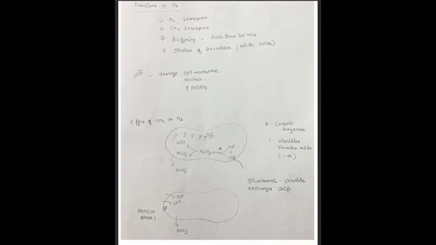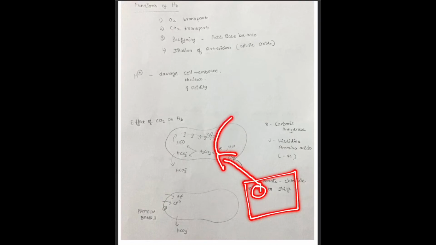We have discussed already, this is a tissue and cells. From the tissue cell, carbon dioxide is released into the interstitial fluid of the tissue. From the interstitial fluid, carbon dioxide goes to the blood.